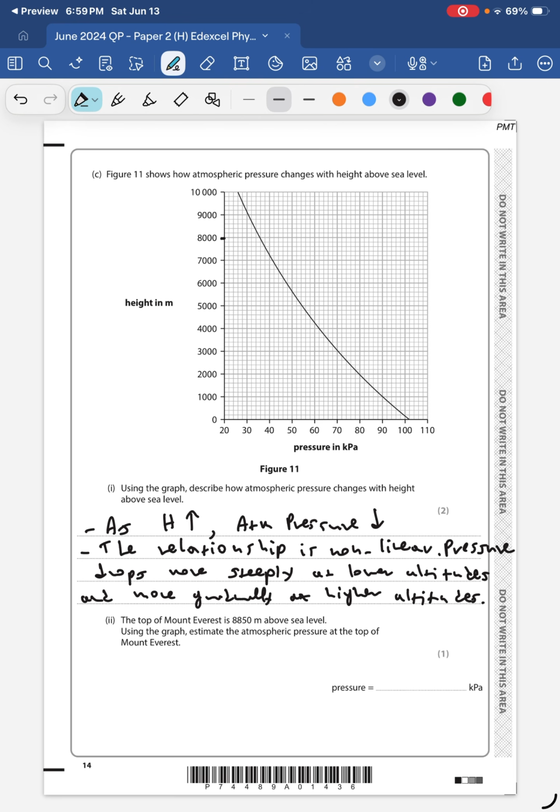Because it's 1,000 over 5. So 200, 400, 600, 800, and a little bit more. So somewhere there.